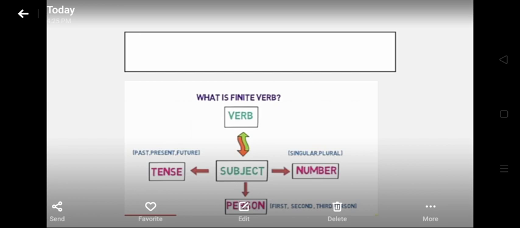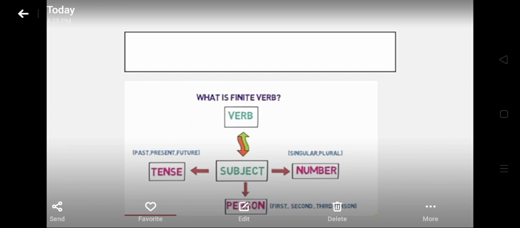You can see on the left hand side, that is the tense. It tells us when the action is performed, whether in the past tense, in the present tense, or in the future tense. The second parameter here is number.